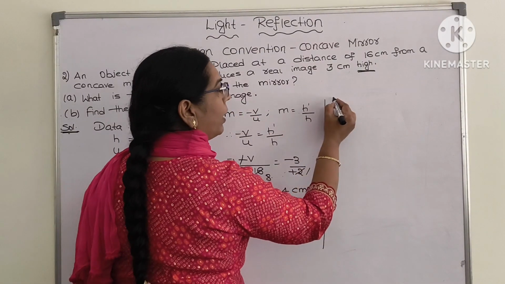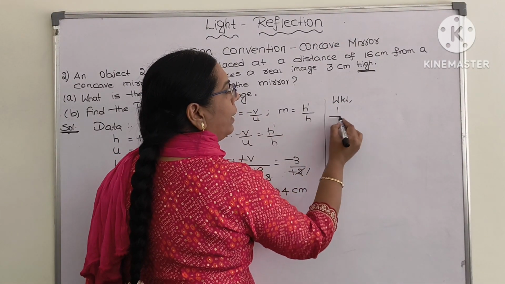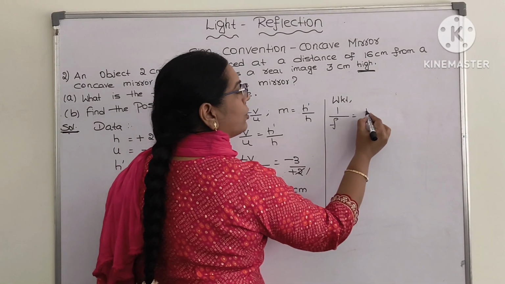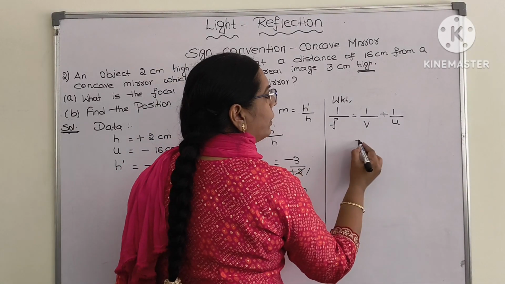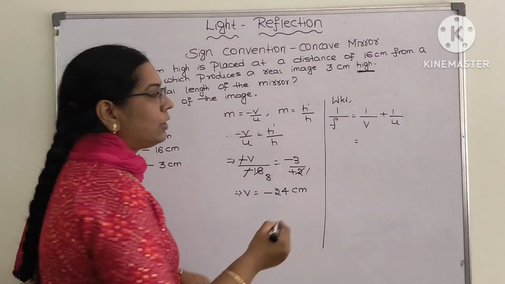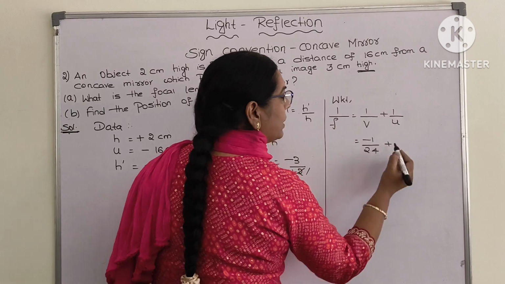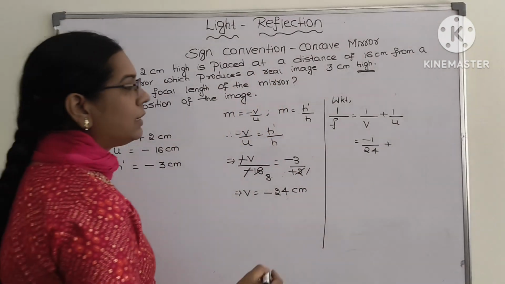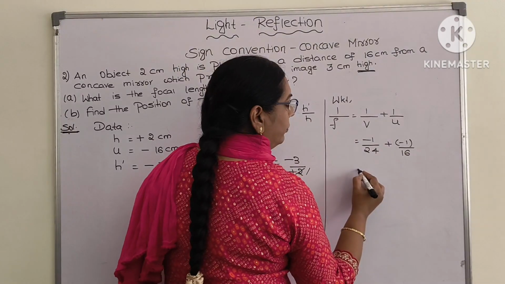Now use the mirror formula. We know that 1 by F is equals to 1 by V plus 1 by U, which is, what is V? Minus 24. So this is minus 1 by 24 plus, what is U? Minus 16. So minus 1 by 16.